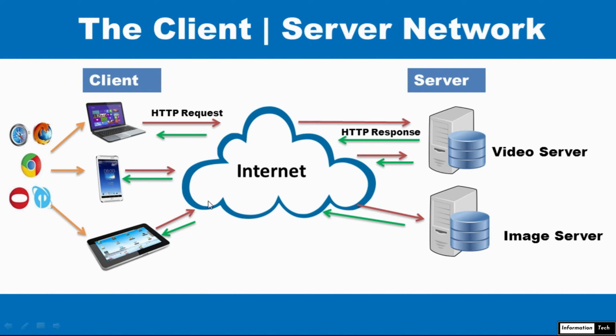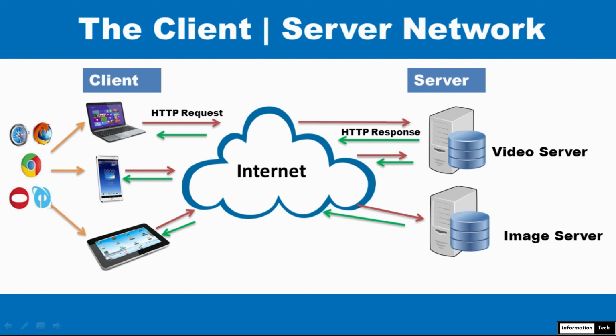So once you locate the resource, the server processes that request and sends it back via an HTTP response to the client, and then the video or whatever request the client made is rendered. So you can look at all the red arrows here as HTTP requests and look at the green arrows as HTTP responses.